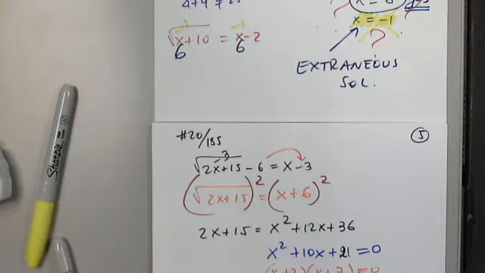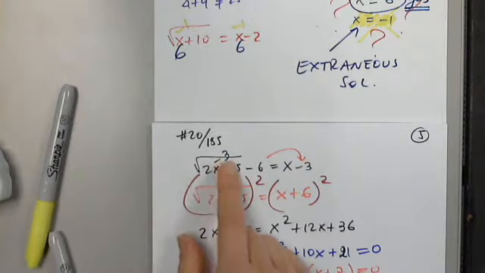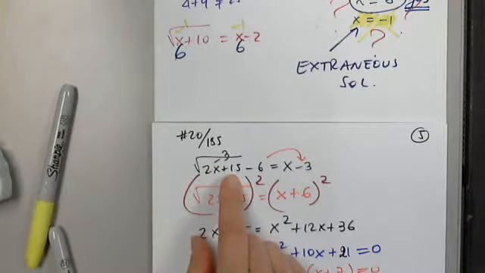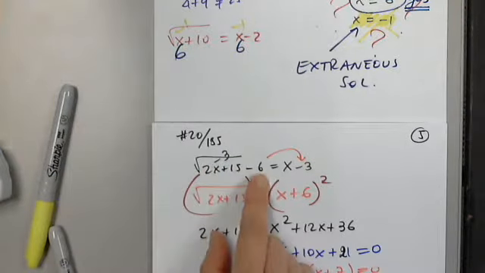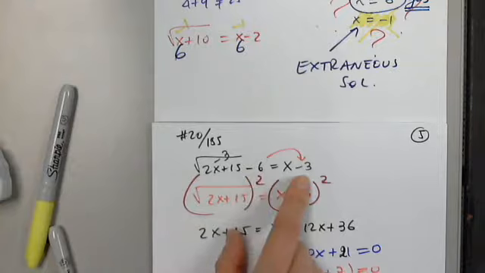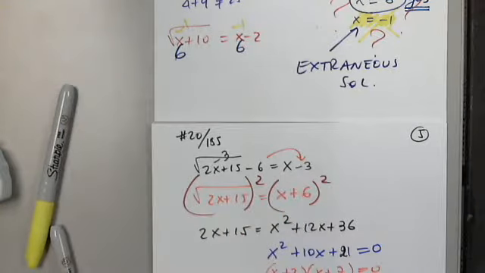Okay, I'm checking -3. 2 times -3 is -6 plus 15. 9, the square root of 9. 3 minus 6. Is that -3? I'm going to say acceptable.